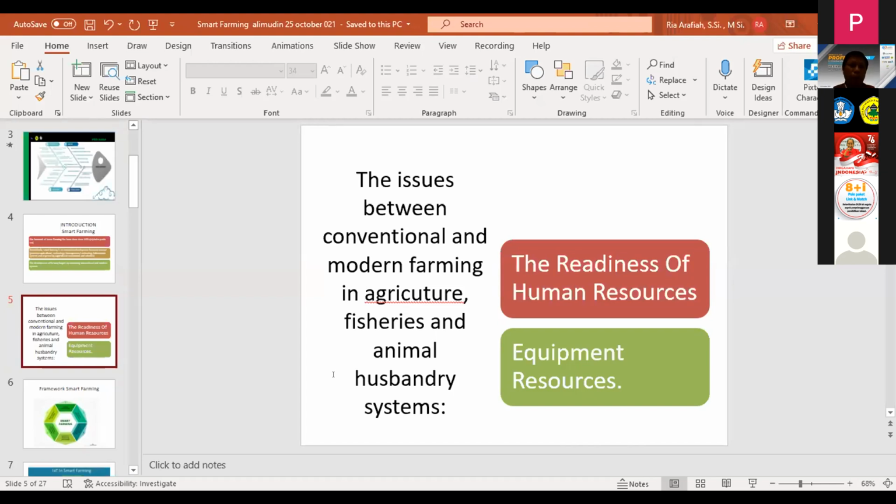In Indonesia, there is research and development, for example, the Ministry of Agriculture, and also the farmers. Not all the farmers in Indonesia are modern, but in general conventional. So we need to remind how to bring modern farming and smart farming to Indonesia.